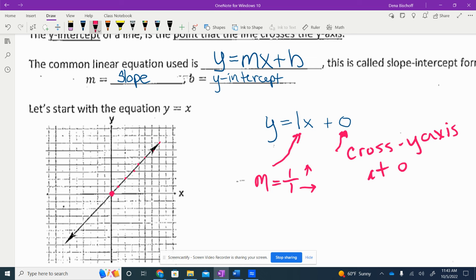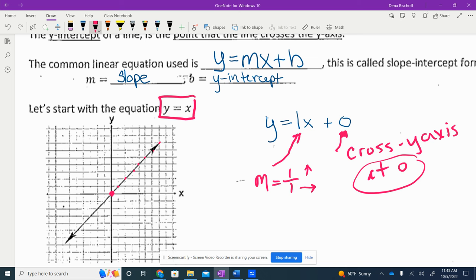So I think sometimes it helps to have someone explain it to you. Say that again. It's at 0. This right here, the y crosses at 0.